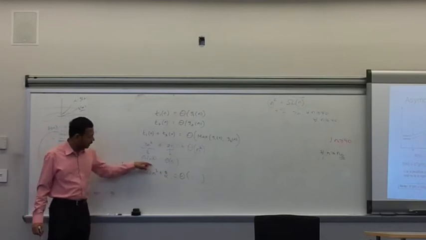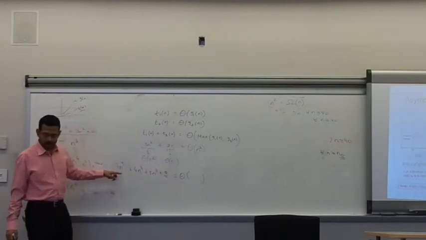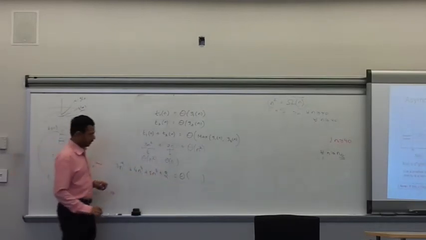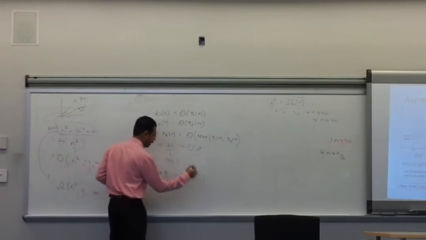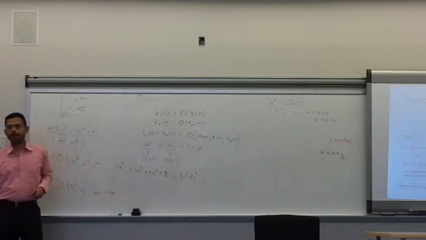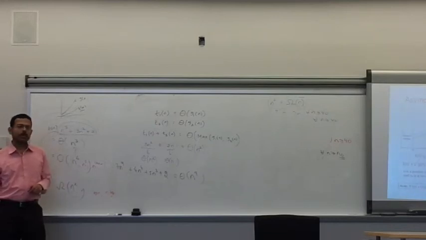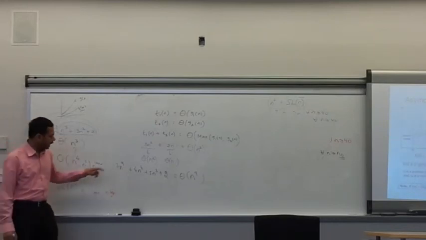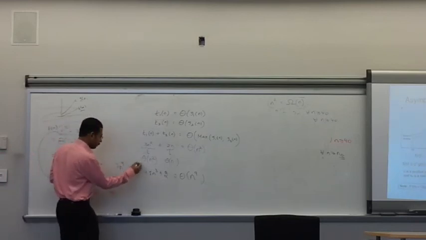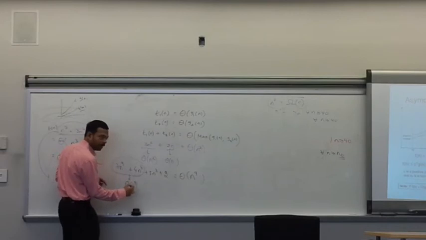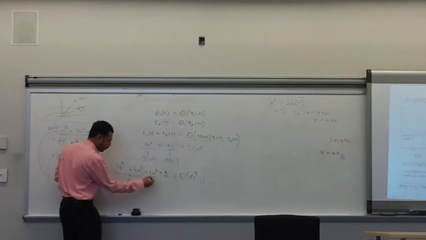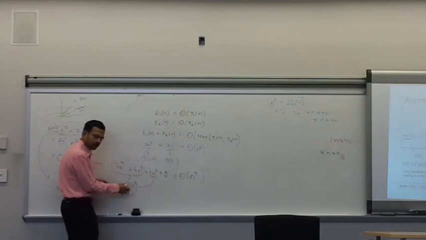Which is the most dominating term here? N to the 9. We can omit the constants. So we'll just say theta of n to the 9. We can combine this and this is theta of n to the 9, and then combine this with this, the most dominating between these two is still theta of n to the 9, and so on.